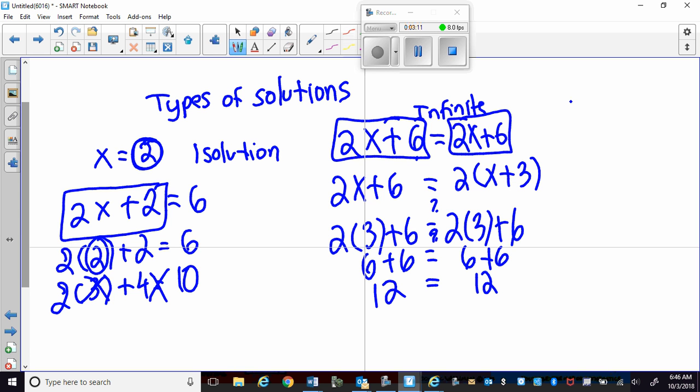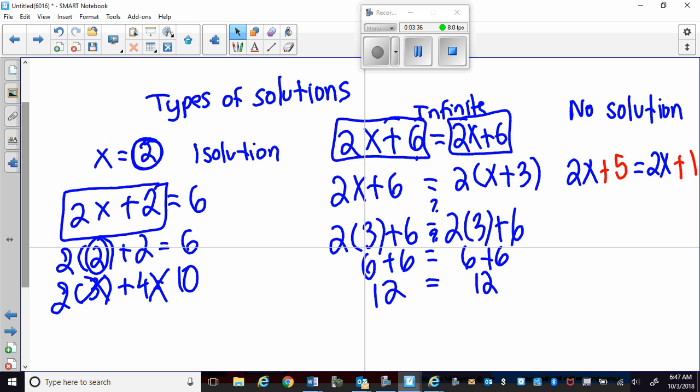Now, no solutions. This is a situation where you have two variable quantities, let's say 2x and 2x on both sides, but they change it up with these constants. Let's say we have plus 5 over here, but then we come around and say plus 1 on this side.